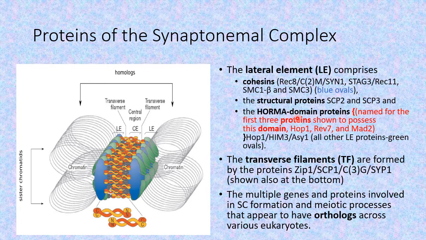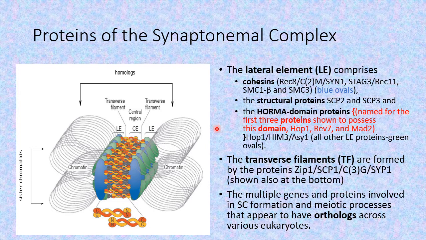So in this lateral element part, here the green and blue region, it is made up of three different types of proteins. One, they are the cohesins. Cohesins, as we have said, are the intermolecular glue. They connect two different molecules together, and these are the various types of cohesins that have been reported in the lateral elements of different organisms.